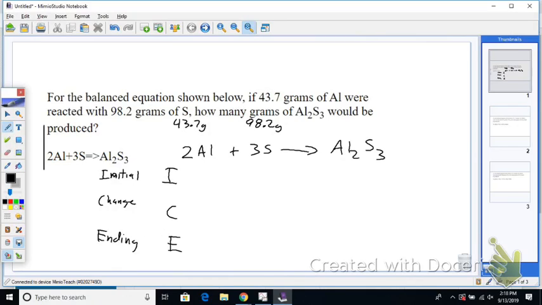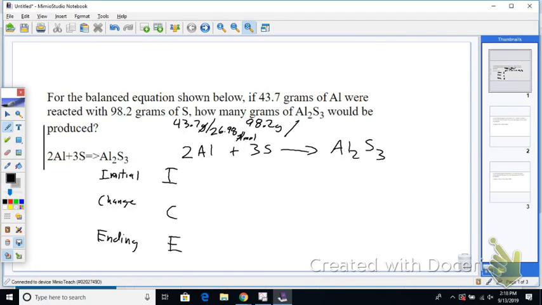Okay? So if you do this right and understand the steps, the first thing you would do is divide each of these by their molar mass. So we would take the 43.2 and divide by, this is kind of a nice one I picked there, 26.98, and that gives you your initial amount. When you divide by the molar mass, moles are what's left over. So I'm not setting this up as a conversion ratio with train tracks.